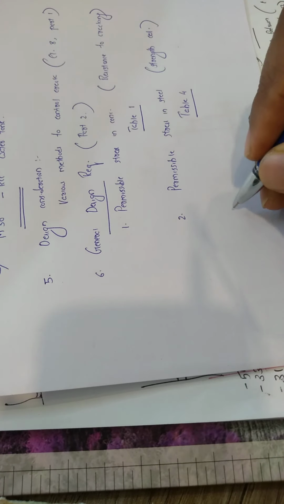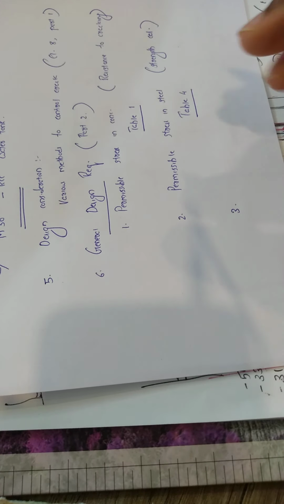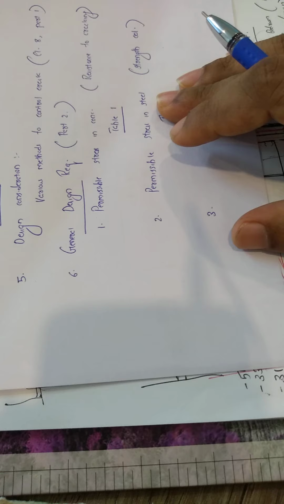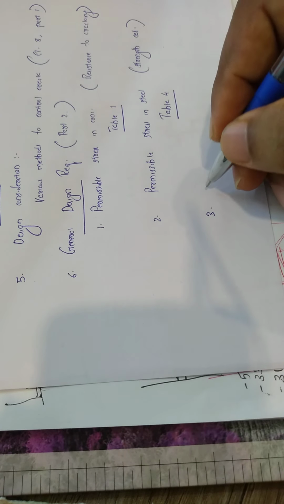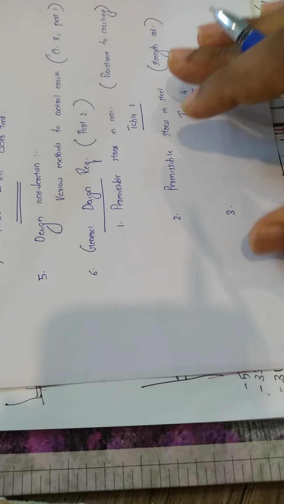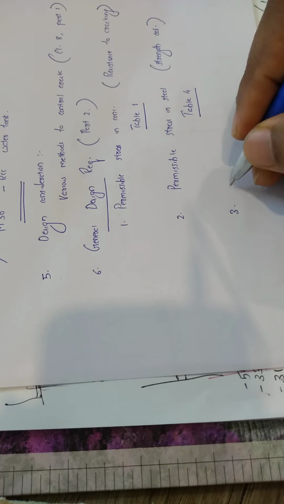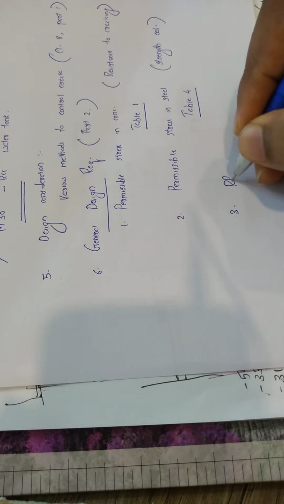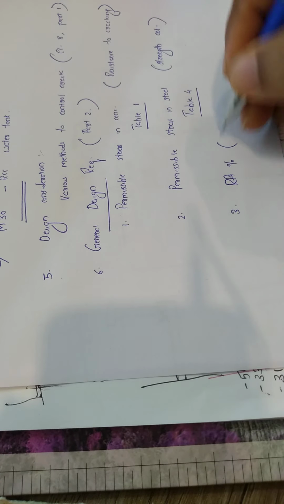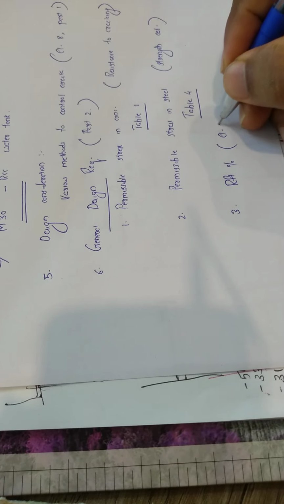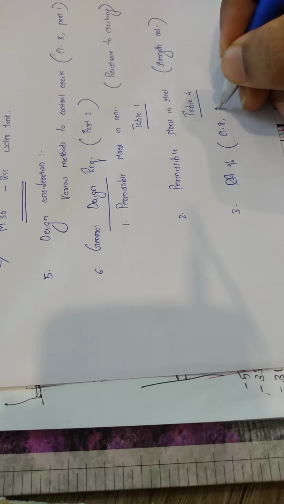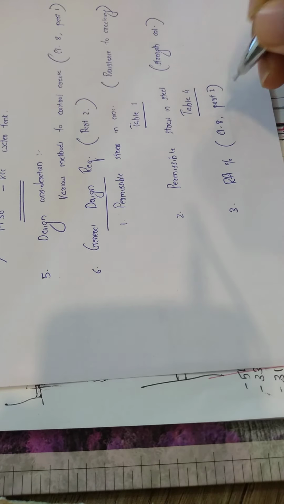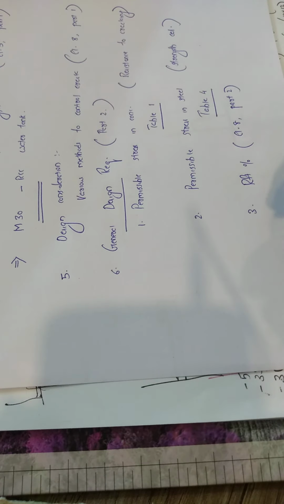Then in general design requirements, it is very important to look into the steel reinforcement ratios, the percentage reinforcement. This is given in clause 8 of 3370 part 2.